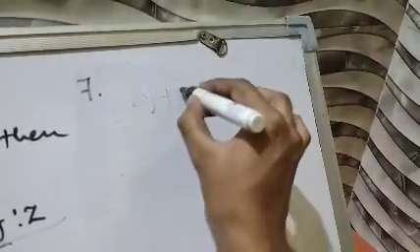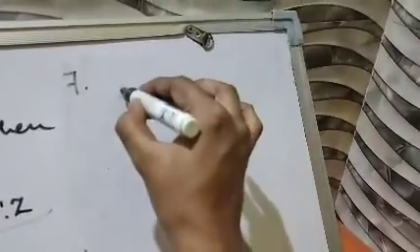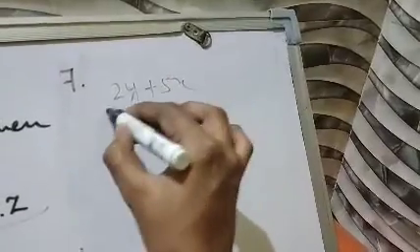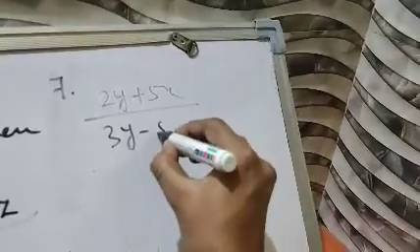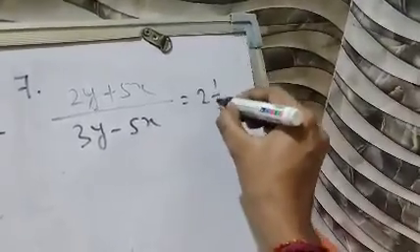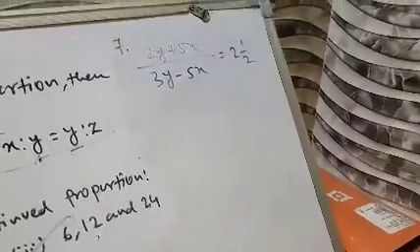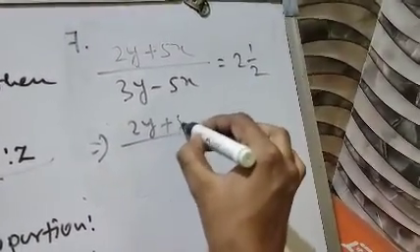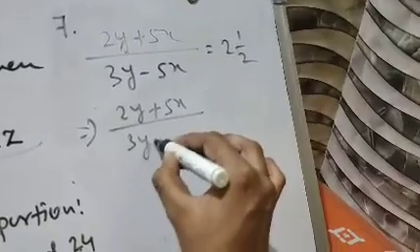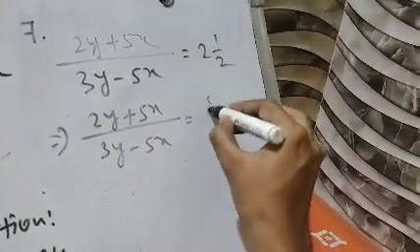2y plus 5x divided by 3y minus 5x equals 2 and 1 by 2. So 2y plus 5x divided by 3y minus 5x equals 5 by 2.